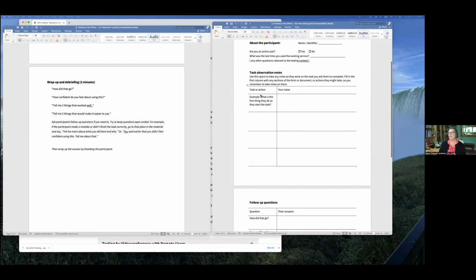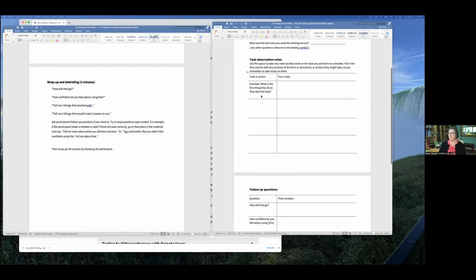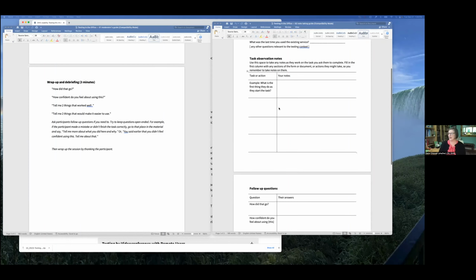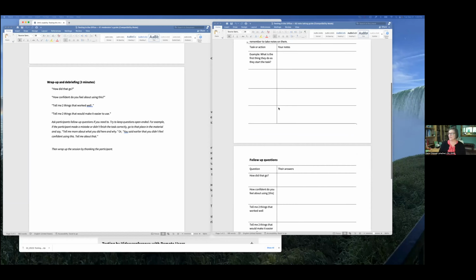And then we just set up a simple grid where it's basically a 2-column table. In the left-hand column, you would put the tasks or the things that you are specifically wanting to track against in this usability test, and then observations on the right. There are lots of ways to make this more sophisticated, but for beginners, it turns out that this is a pretty useful way to start.